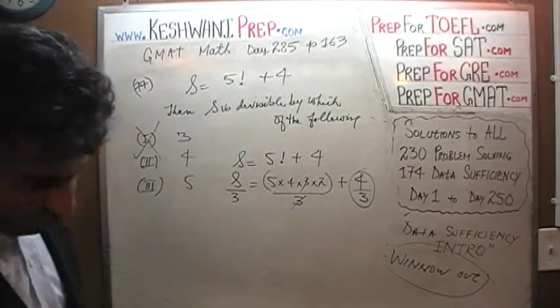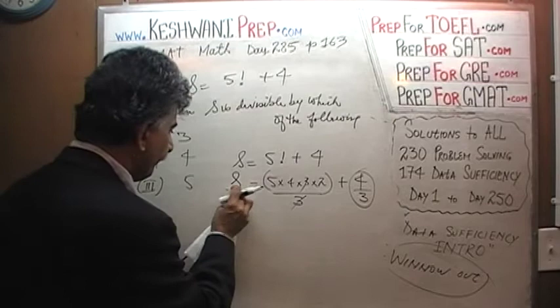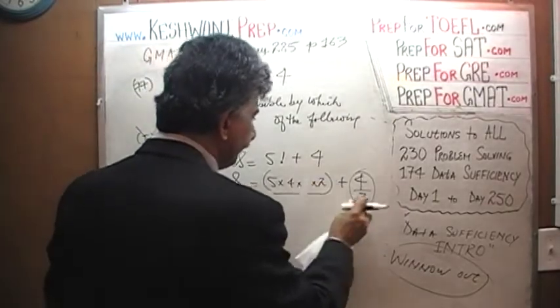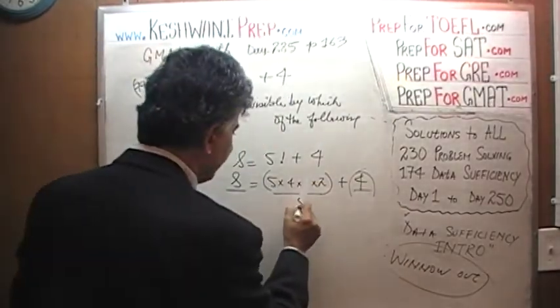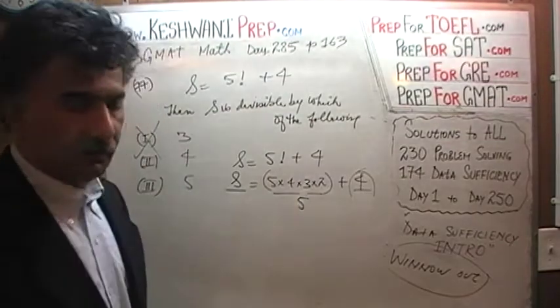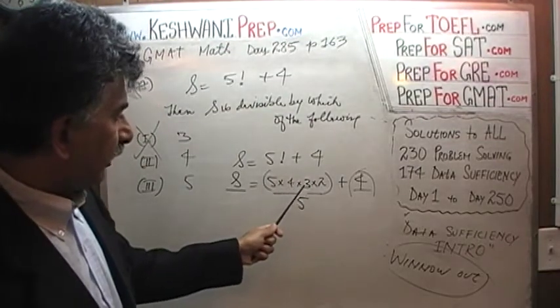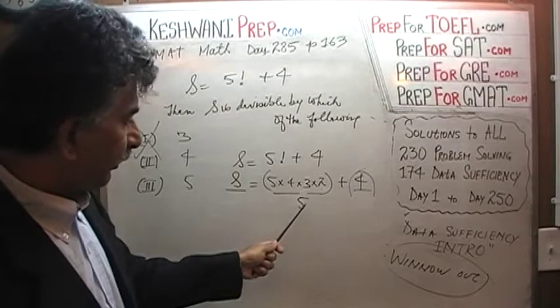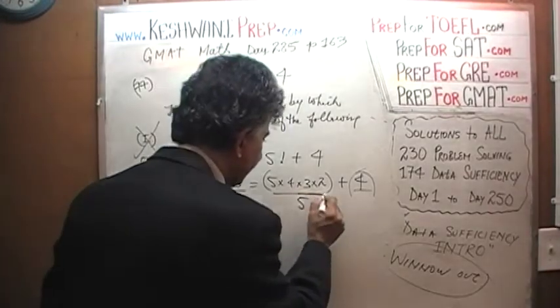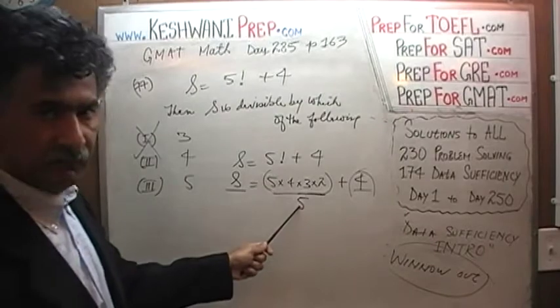What about 5? Can we divide this quantity by 5? Well, let's find out. 5 factorial is the same as 5 times 4 times 3 times 2. And of course, we can divide that by 5 very easily because we see a 5 on the top and a 5 at the bottom.